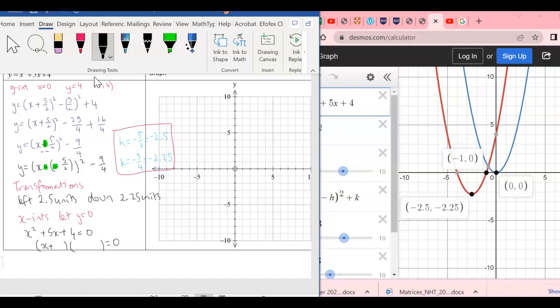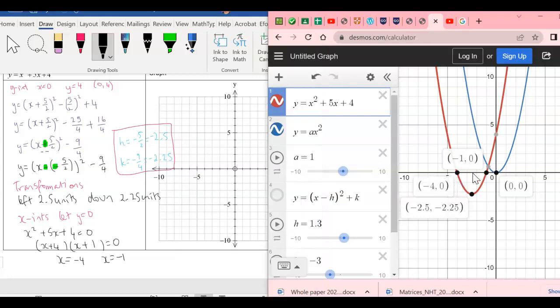So it's going to be x plus 4, x plus 1. Two numbers that multiply to give you 4 and add to give you 5. So our x-intercepts are at x equals negative 4 and x equals negative 1. And you can see those 2 points here, negative 4 and negative 1.